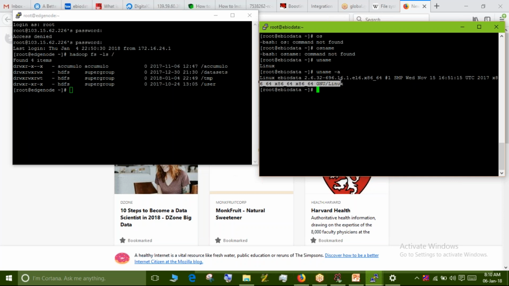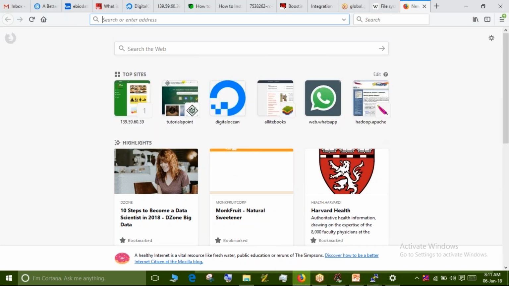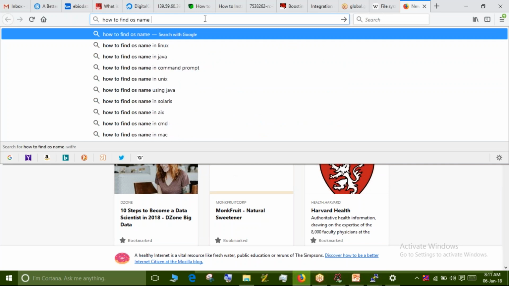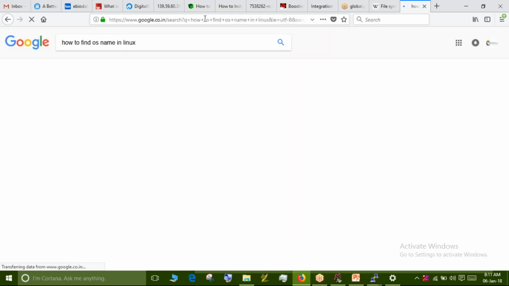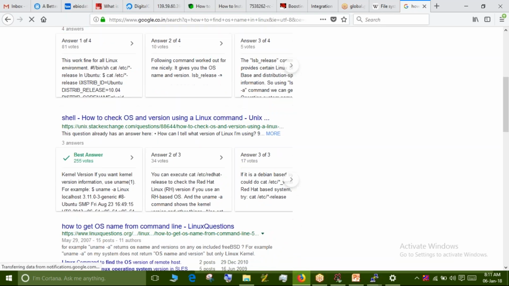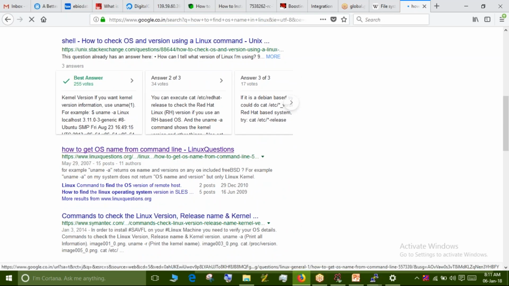There is an option to show you the exact operating system, like Red Hat or CentOS or Ubuntu. How to find the OS name in CentOS and Linux, whatever. I forgot the option.